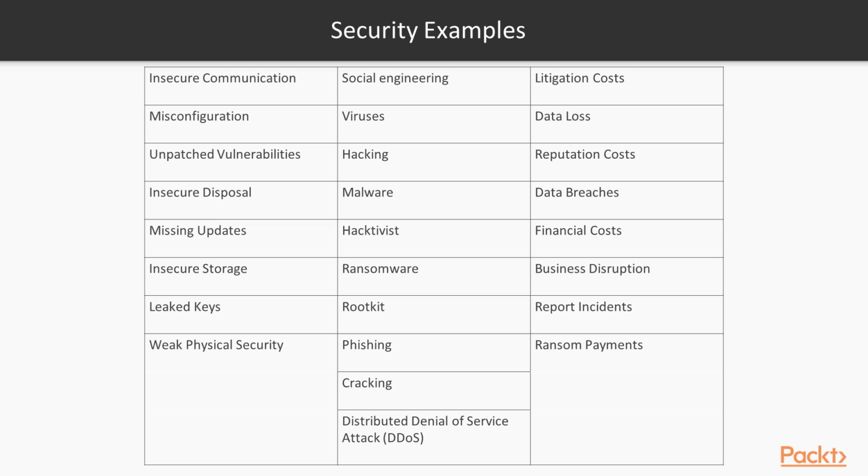A distributed denial of service attack could be made, for example, which will bring down your e-commerce website, which will no longer be available to customers. And on the right, I've got some of the impacts. There could be litigation costs, for example, data loss or data leaks, financial costs to your organization, as well as reputational costs, of course, to your customers and clients.